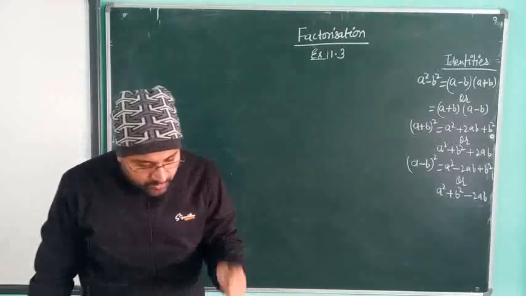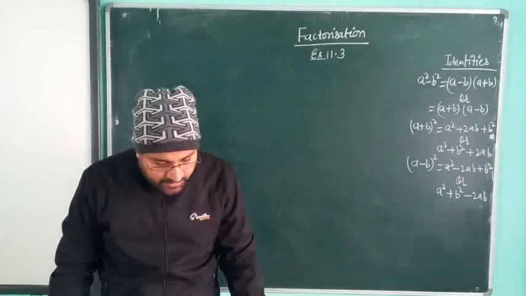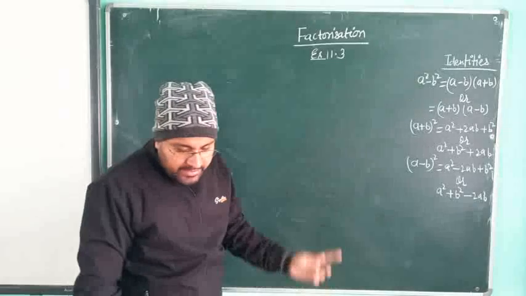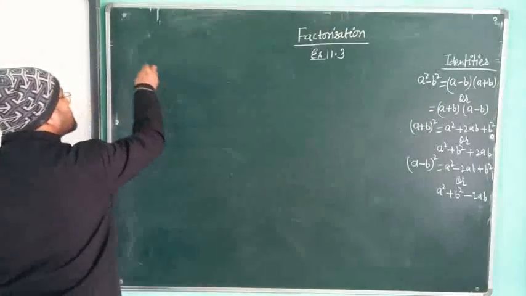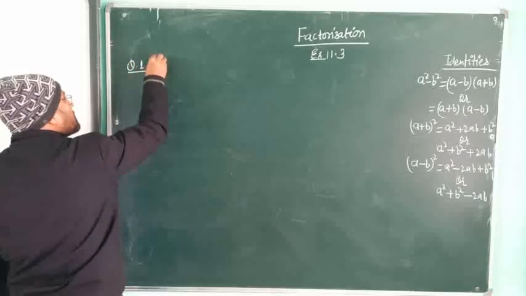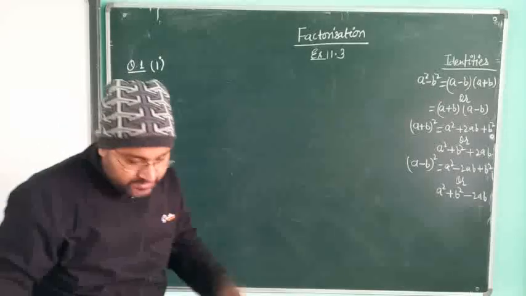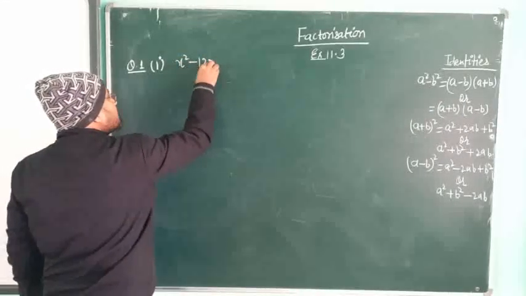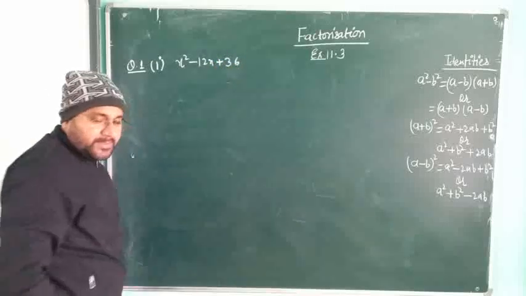So in that I can do one question of factorization of the following expression using algebraic identities. In this question number first, I can show you how you can do this type of question. x square minus 12x plus 36.